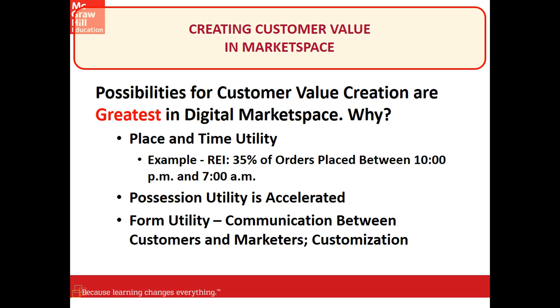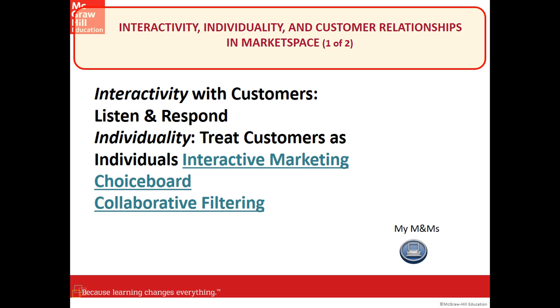And then in chapter 21, we talk about interactive and multi-channel marketing, right? We have creating customer value in the digital marketplace, okay? And the possibility of creating customer value in the digital marketplace is greatest because place and time utility, possession utility, and form utility can all be increased or enhanced.